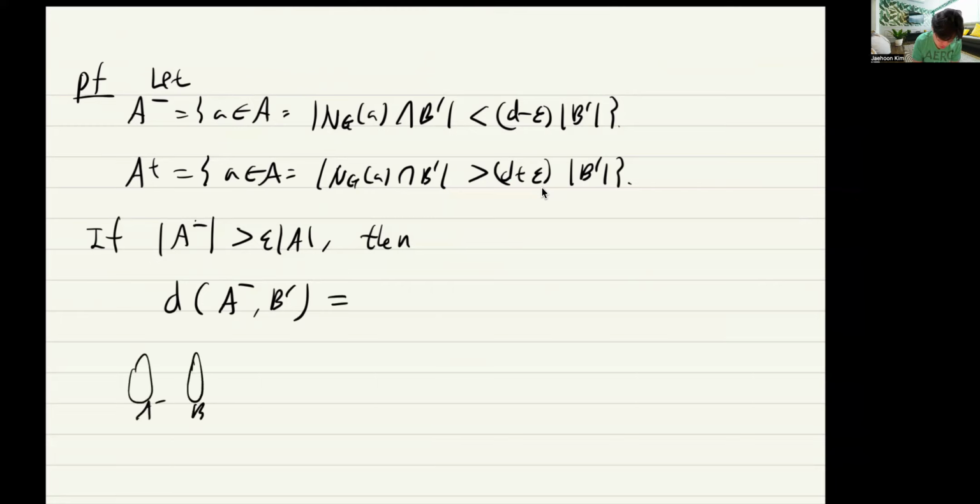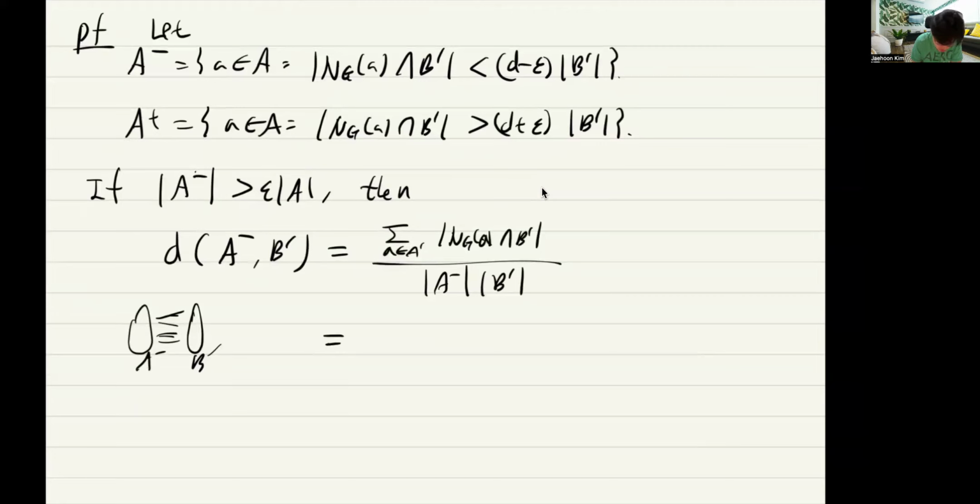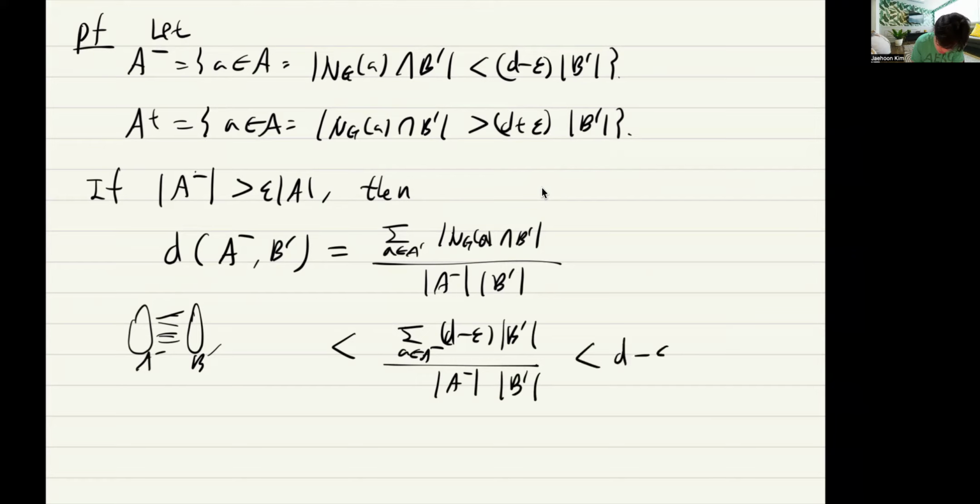Because A minus sends too few edges to B prime, it will be small. So you just count the number of edges and then compute the density. So this is smaller than d minus epsilon.